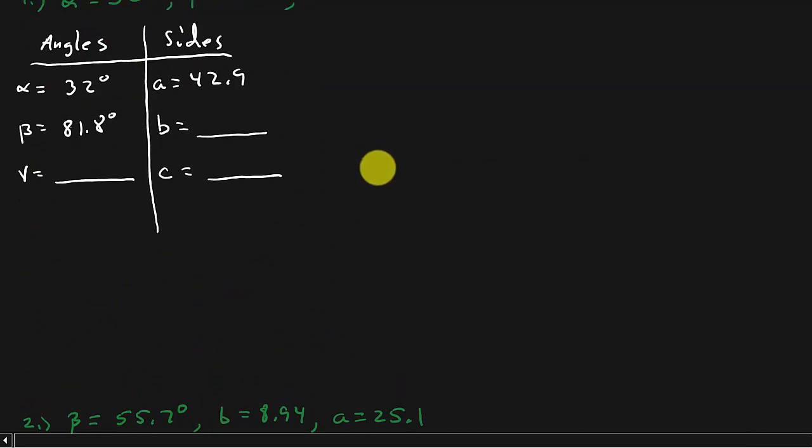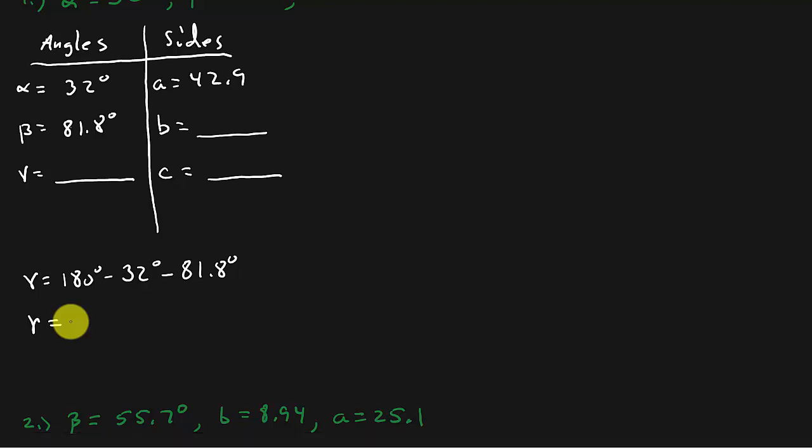All right, and then also for gamma, we don't know gamma. I mean, yeah, we're going to solve for B, but let's go ahead and find gamma first. So gamma is equal to what? 180 minus 32 minus 81.8. Now, how do I know that's what gamma is? Well, because we know that all the angles of a triangle add up to 180 degrees.